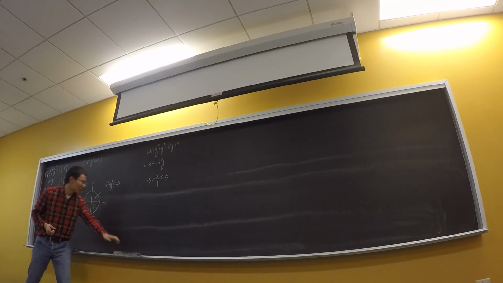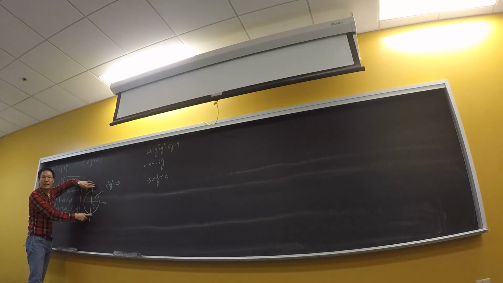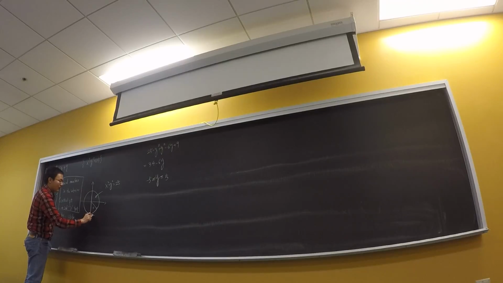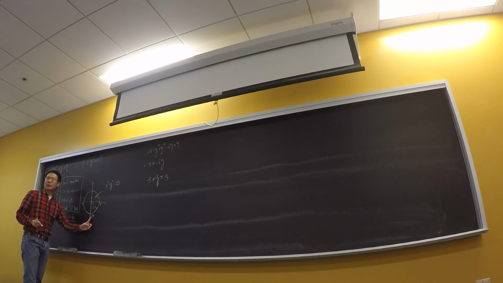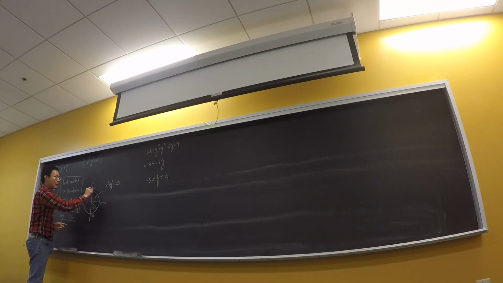Okay? So remember, this is our domain of the 2 independent variable case. All right? So x, y can be freely changed within this closed disk, which means x has to be restricted from -5 to 5. And y has to be restricted between -5 to 5 as well.